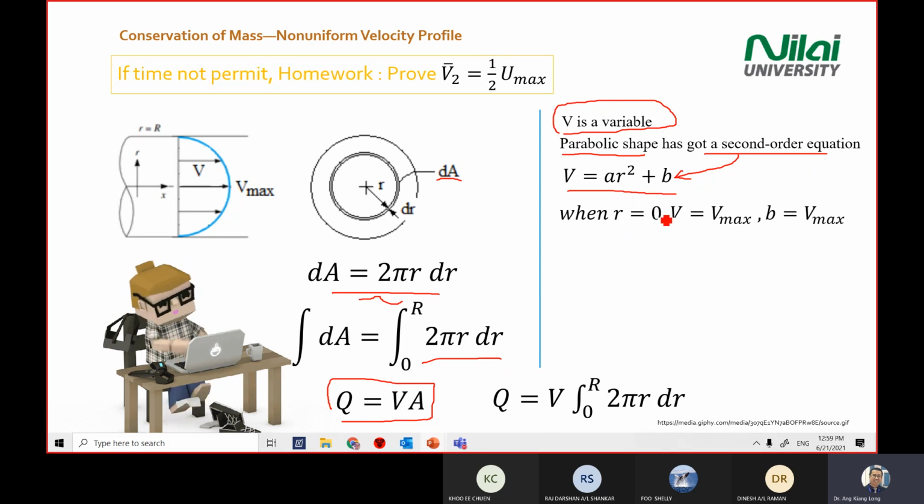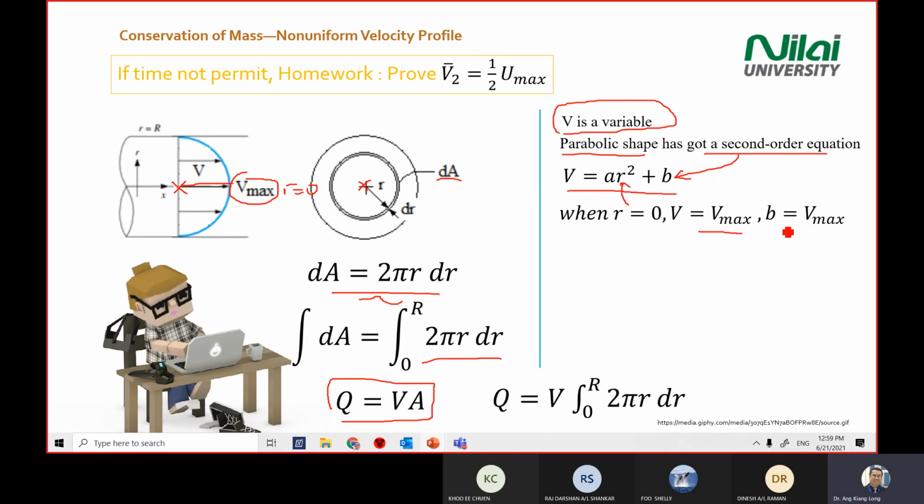So when r equals 0, which is at the center, your velocity is maximum at the center. When r equals 0, you substitute inside here, using this equation, r equals 0, V equals Vmax.